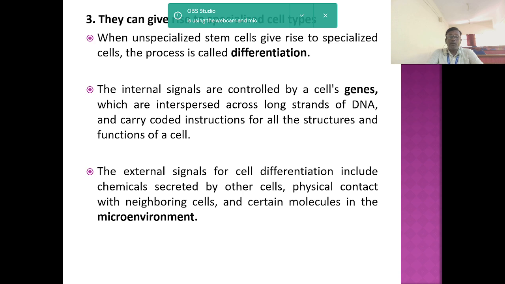Internal signals are controlled by the cell's genes, which are interspersed along the strands of DNA and carry coded instructions for all the structures and functions of the cells. External signals include chemicals secreted by other cells, physical contact with neighboring cells, and certain molecules in the microenvironment. These are the three different properties of stem cells.